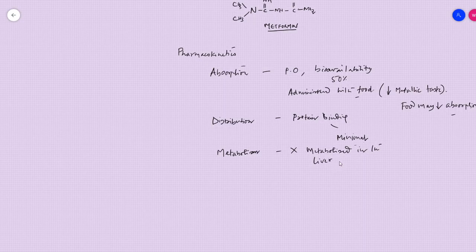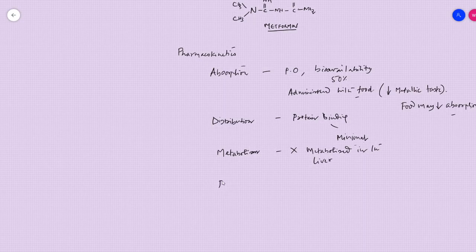But metabolism definitely happens. Now, if the person has a problem with their liver, like hepatitis, then sulfonylurea might not be the best drug, but this drug can be given instead. That doesn't occur because this is the first line drug. But we should be aware, right?